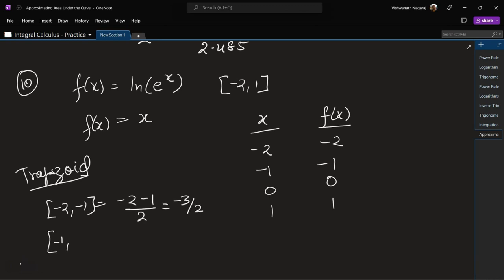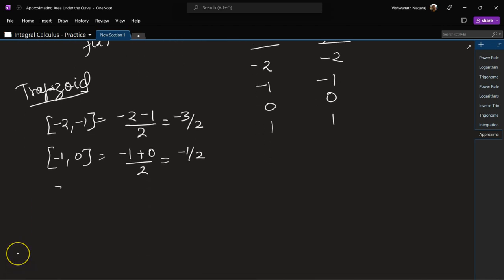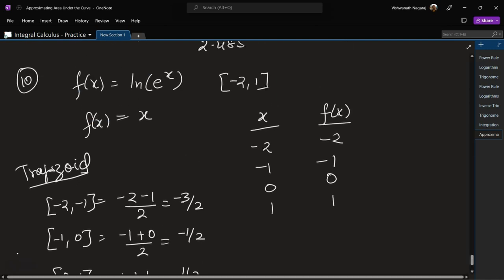From -1 to 0, it gives us -1 plus 0 by 2, so this gives us -1 by 2. And from 0 to 1, we get 0 plus 1 by 2, which is equal to 1 by 2. And finally, is that all? Yes.